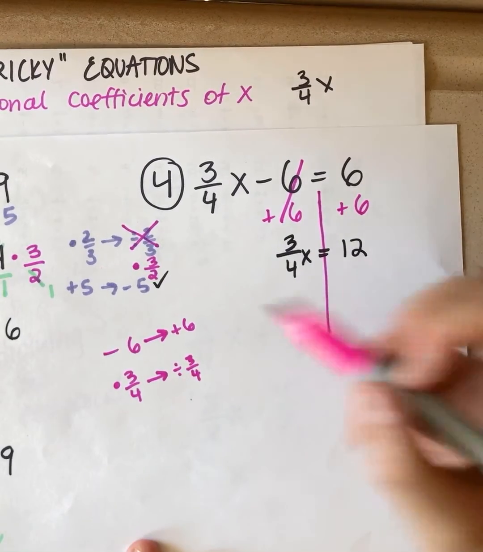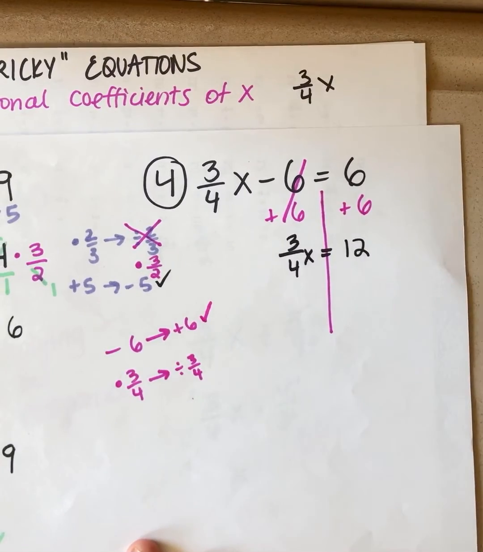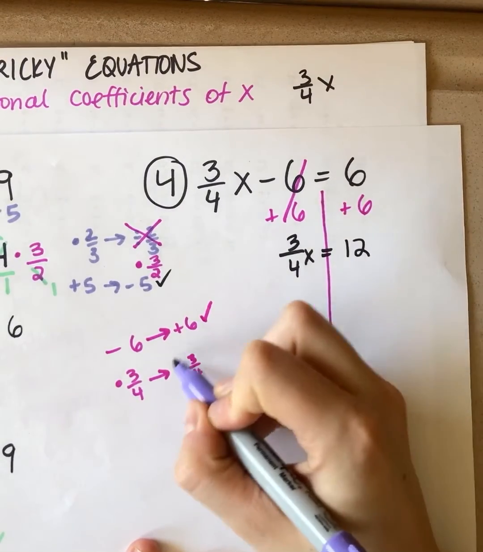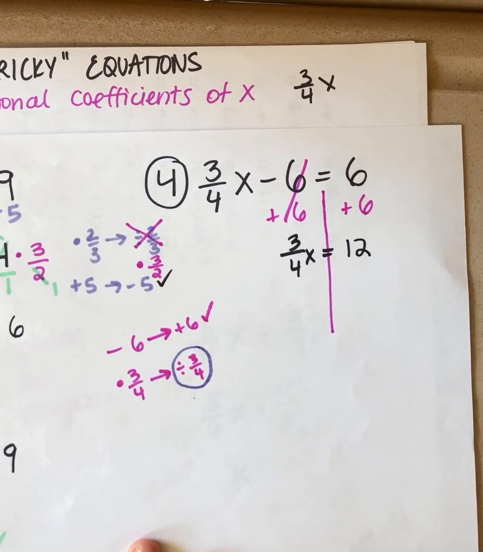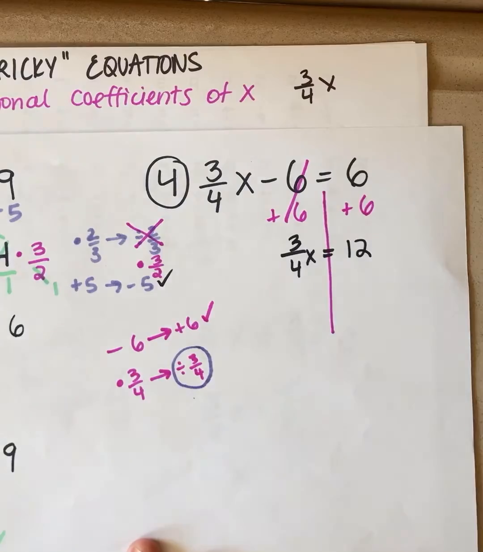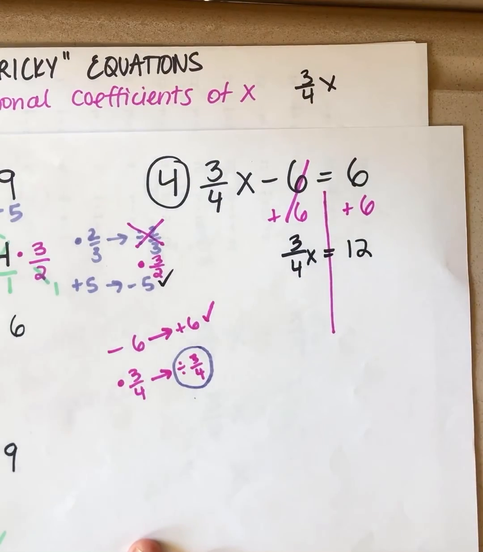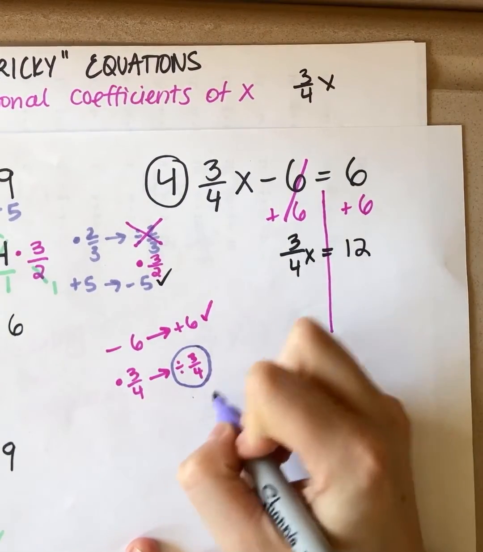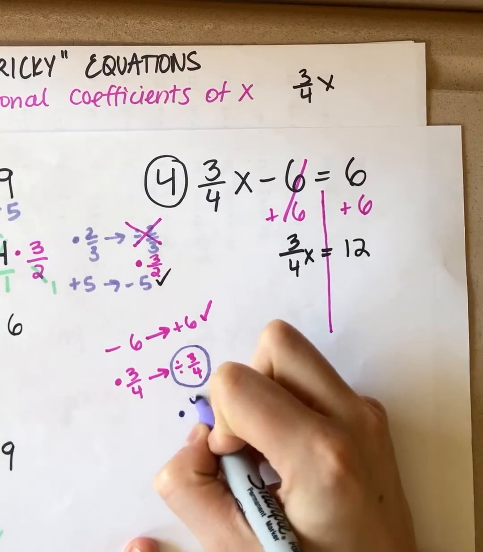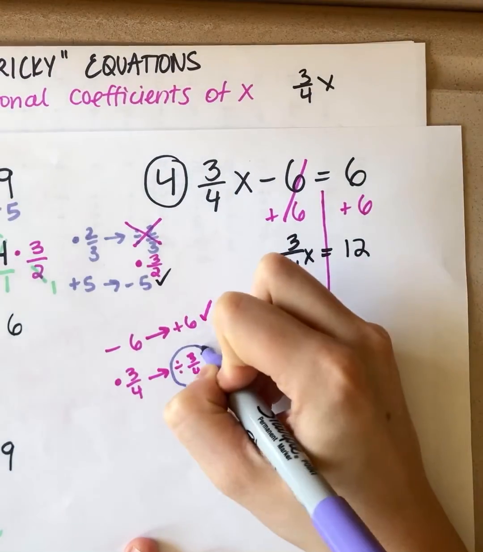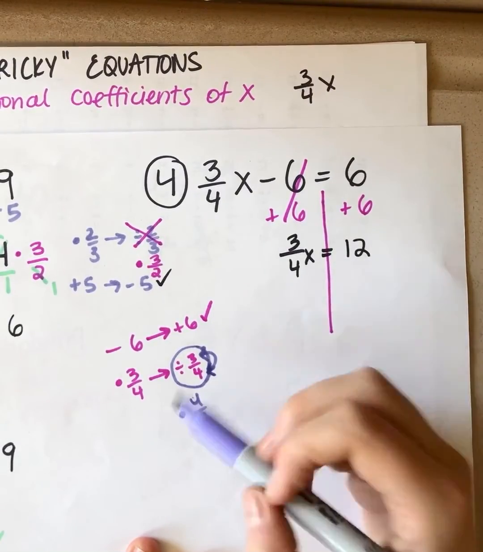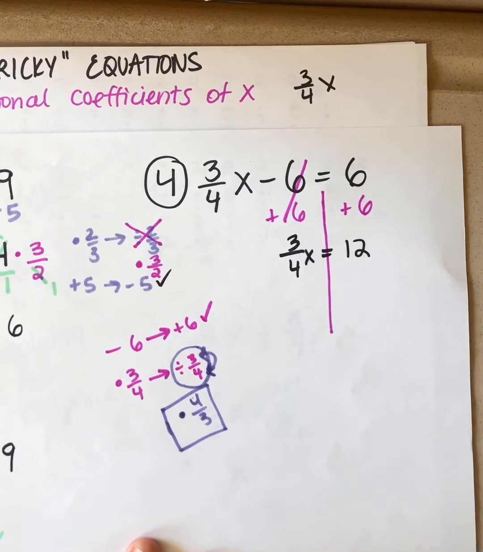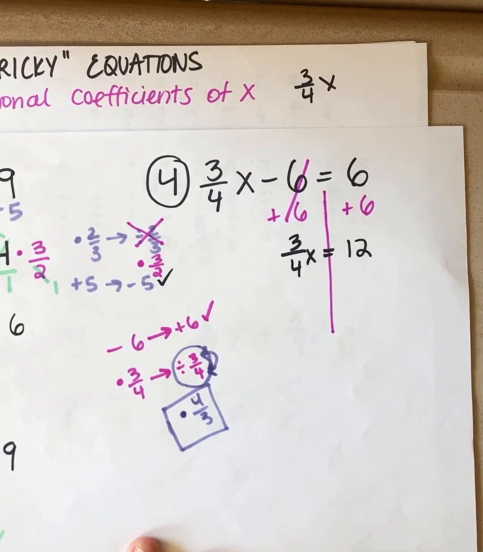But I still have to do my second step. So I look at how my second step was going to be dividing through by 3/4. And when I'm dividing through by a fraction, I know that that's difficult, but in that process, I have to multiply by the reciprocal. So I will flip that fraction upside down, and instead of dividing by this fraction, I'm actually going to do this in my work. On both sides of my equation, I'm going to work through that.